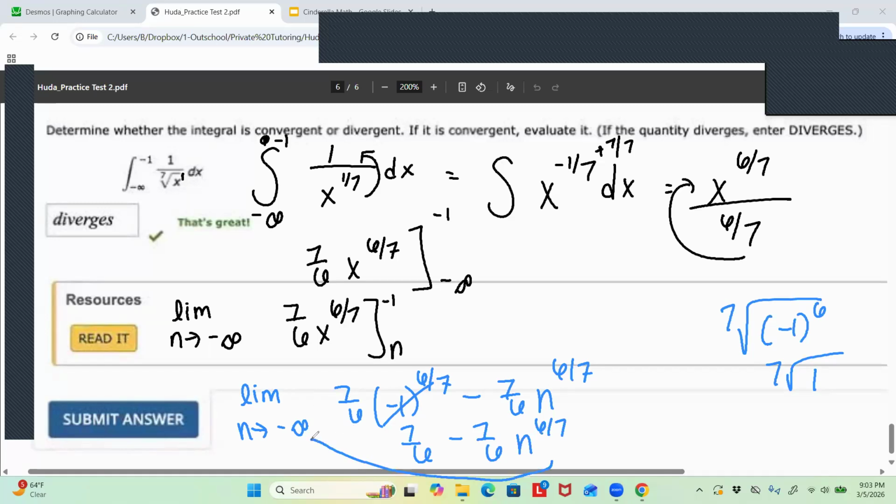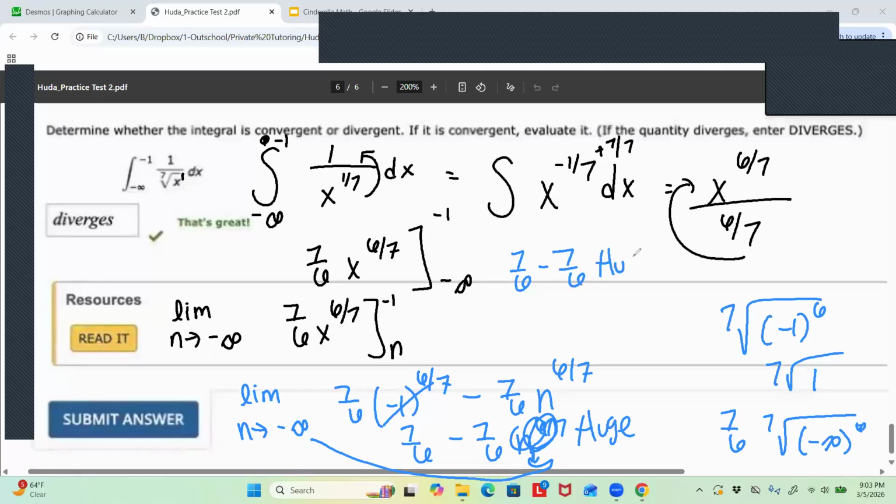So plug in negative infinity. That would be like 7/6 and then the 7th root of negative infinity to the 6th. Well, that would then be infinity because a negative to an even power. And then that would still be huge. This is just huge. So you have 7/6 minus 7/6 times huge.